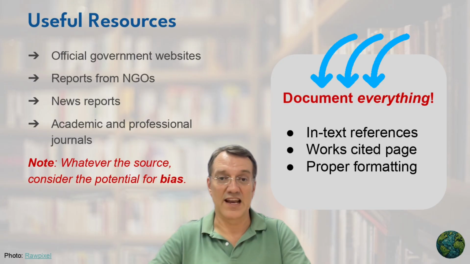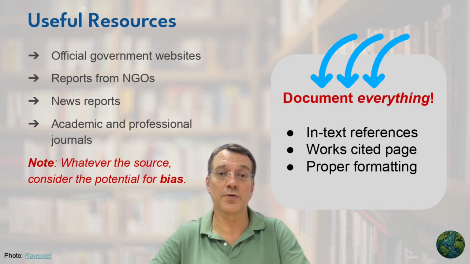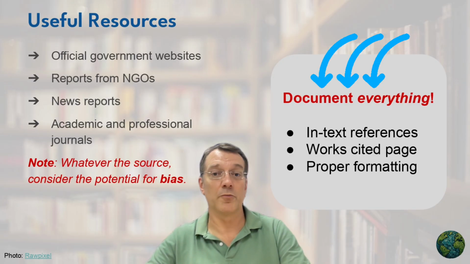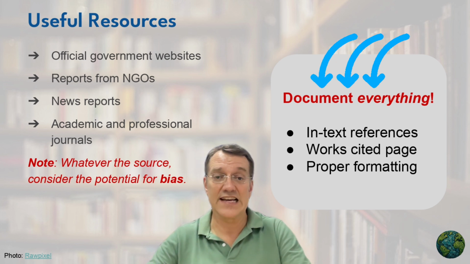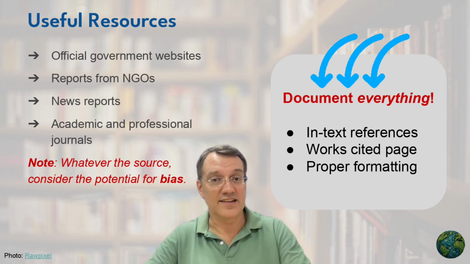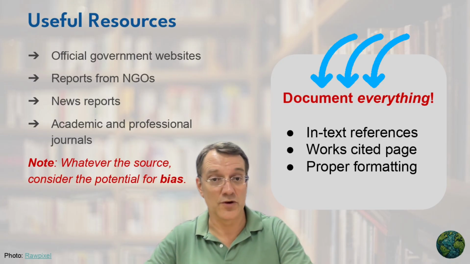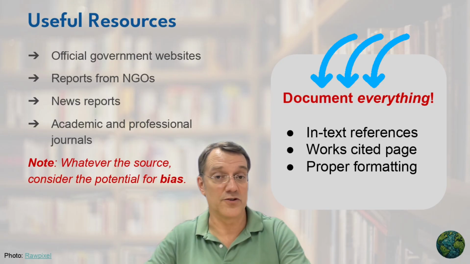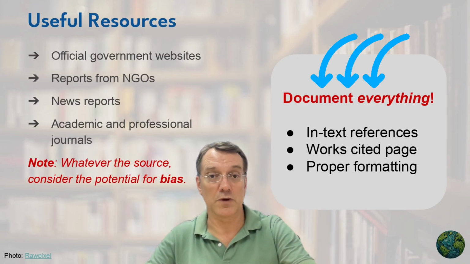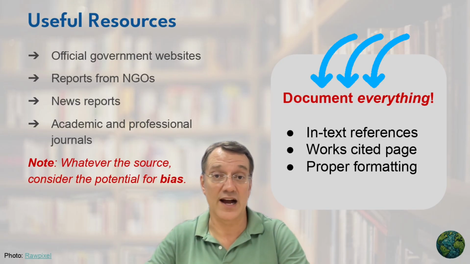Every fact that you present, every statistic that you mention, every stakeholder position that you describe needs to come from a reliable source, and you need to cite that source. The IB takes academic honesty very seriously, and proper citation protects you while giving credit to the people whose research you're using. If you don't do it right, it will significantly impact your IA.